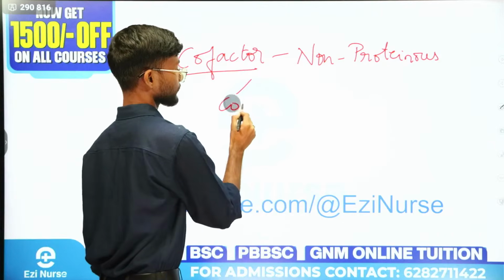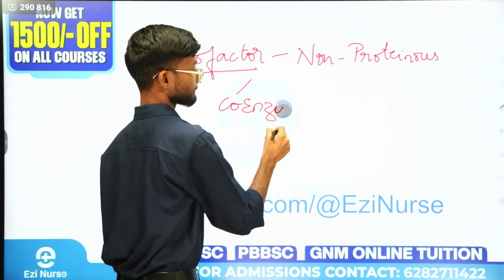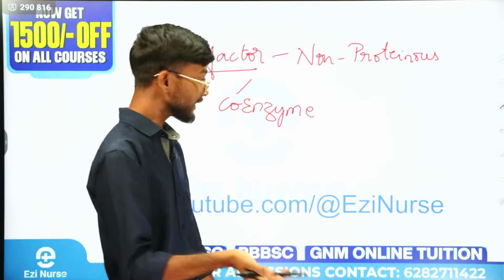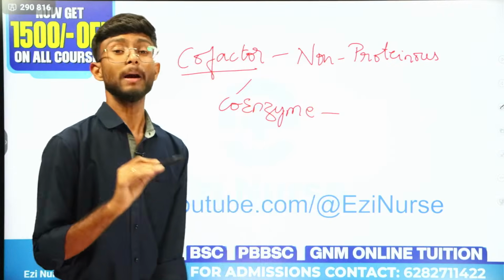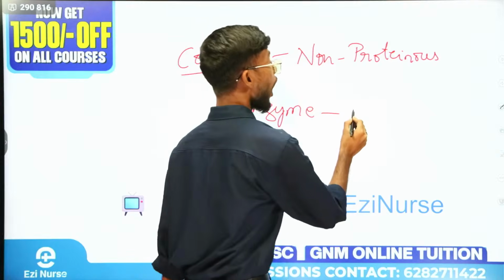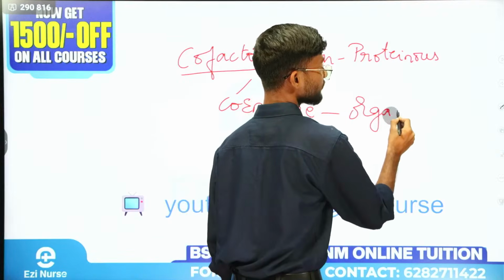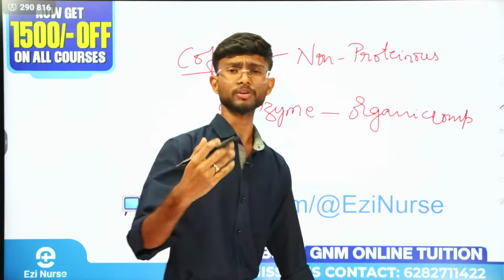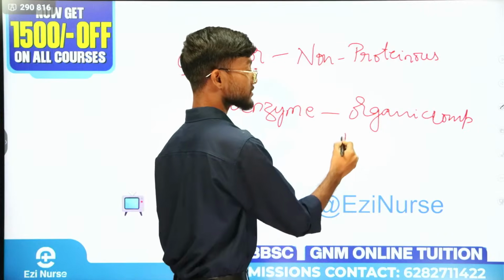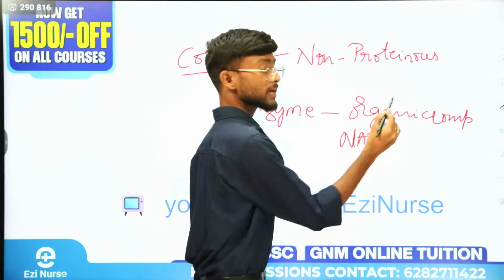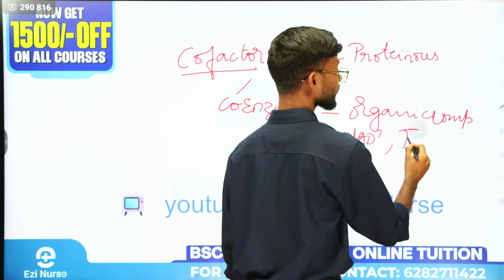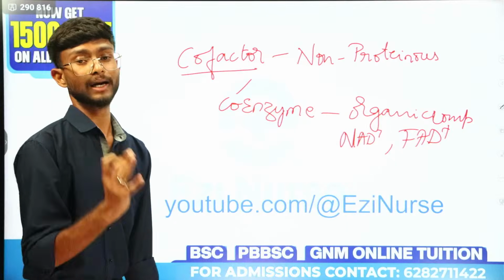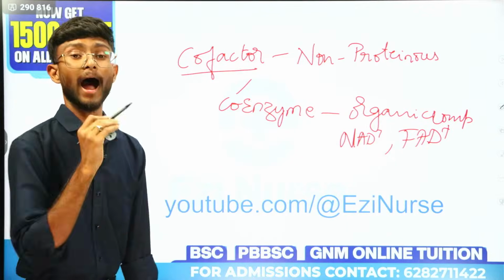One is coenzyme. A coenzyme is also a non-proteinous part, but it includes organic compounds, for example NAD plus and FAD. So the main terminologies are cofactor and coenzyme.